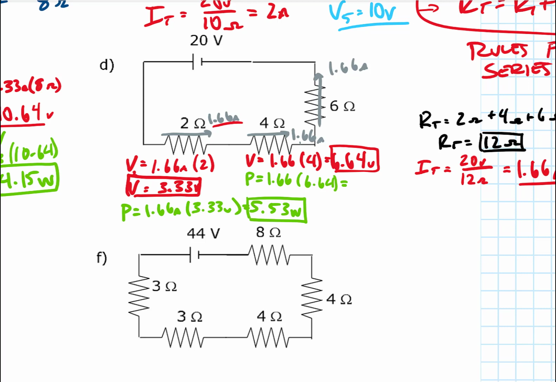And that comes out to be 11.02 watts. And then for the last one, the voltage here is the current, 1.66 amps, times the resistance, 6 ohms.